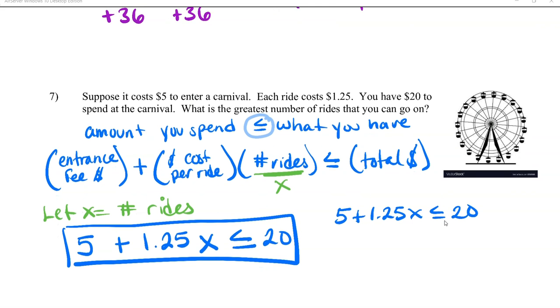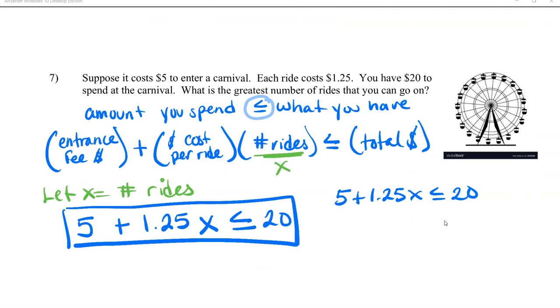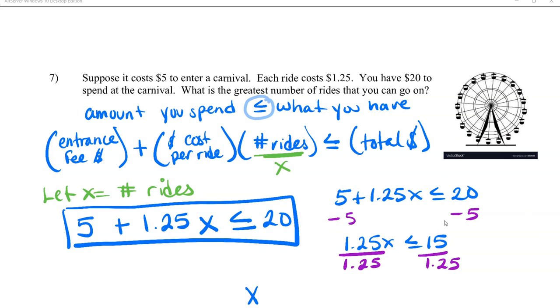And now we need to solve. So first we'll subtract 5 from both sides. Now we're multiplying x times $1.25. So we'll divide by $1.25. 15 divided by 1.25 is 12.